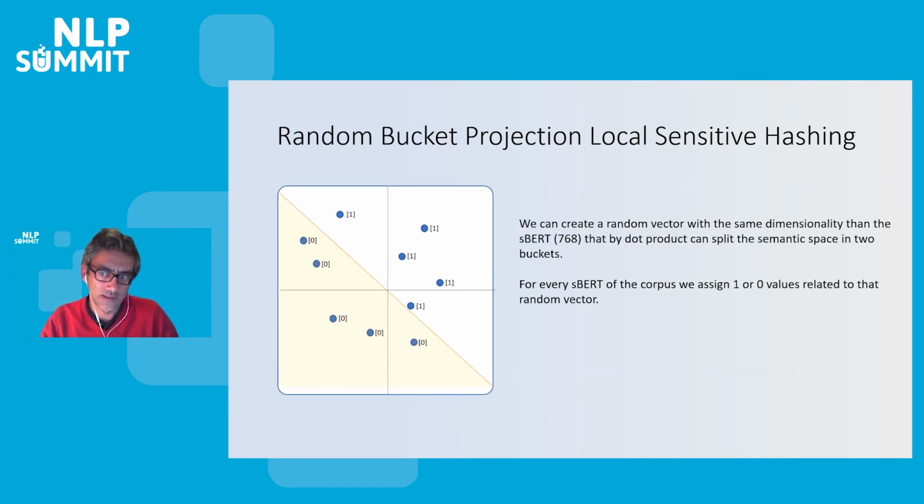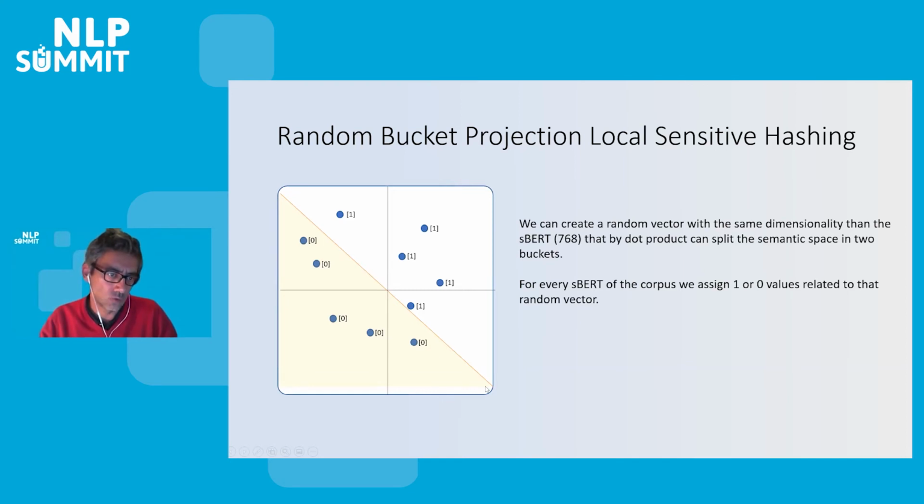So when you draw a random vector here in orange, you will split the whole semantic space into two areas.